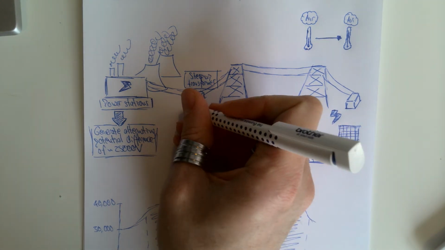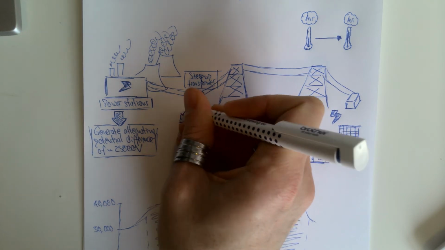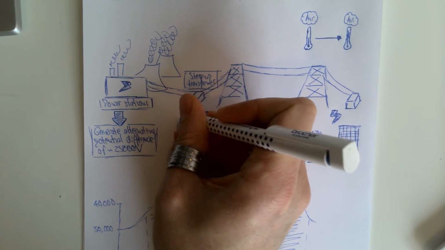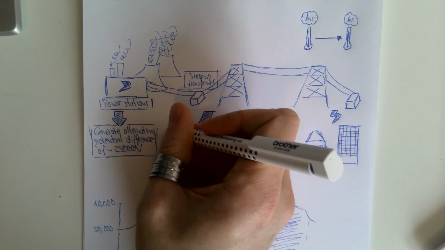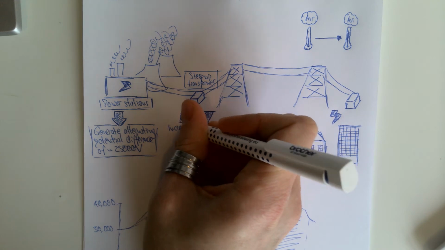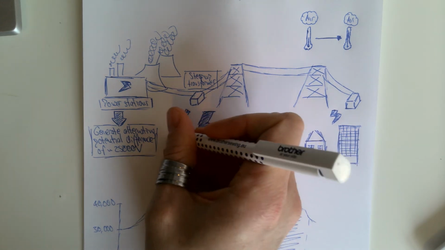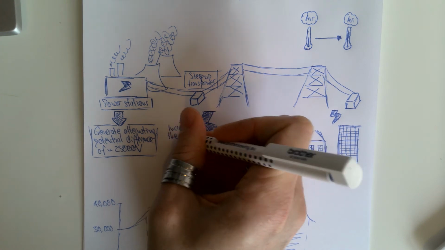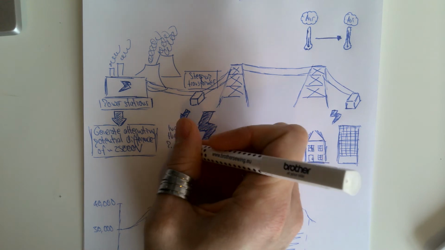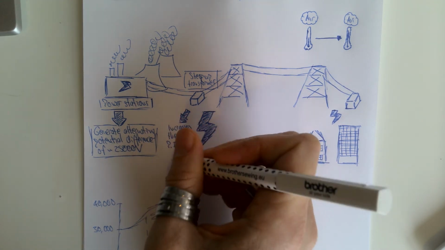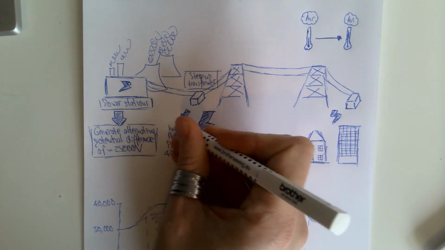Now, as we've said, the job of the step-up transformer is to increase the voltage. So, in the case of our example, it increases the alternating potential difference to around 40,000 volts.